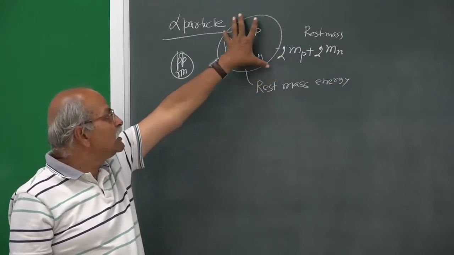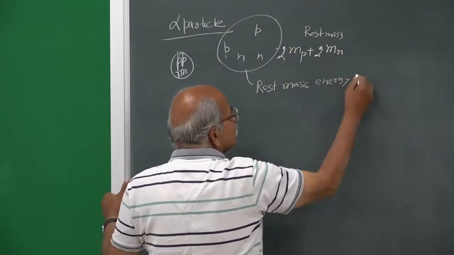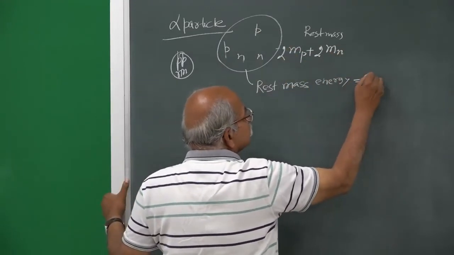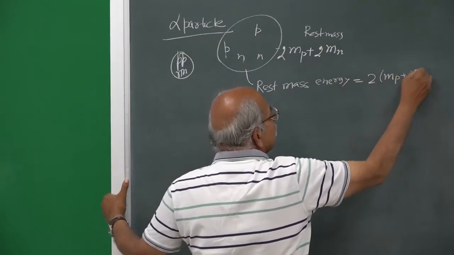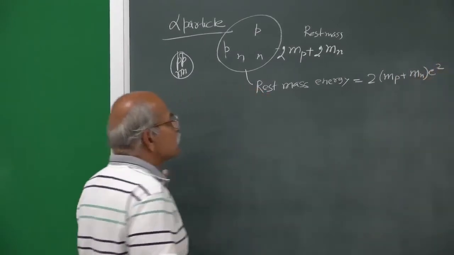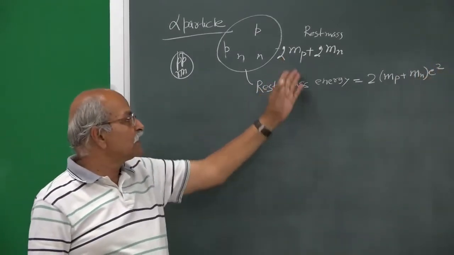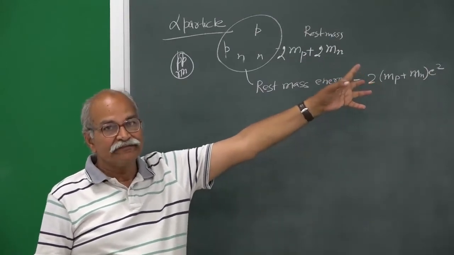So, for this combination the rest mass energy is this multiplied by c². So, it is (2mp + 2mn)c², just the addition of 2 proton rest mass energies and 2 neutron rest mass energies.